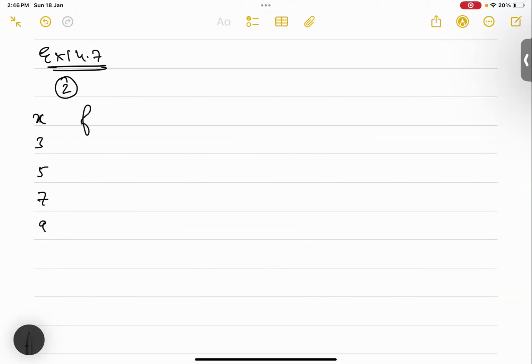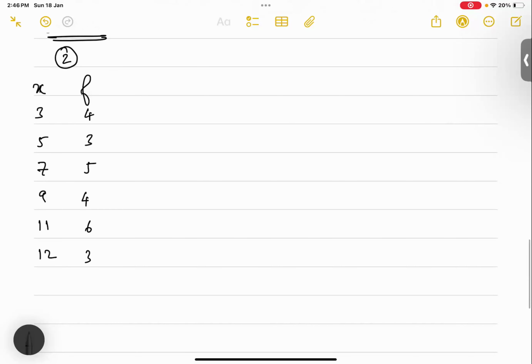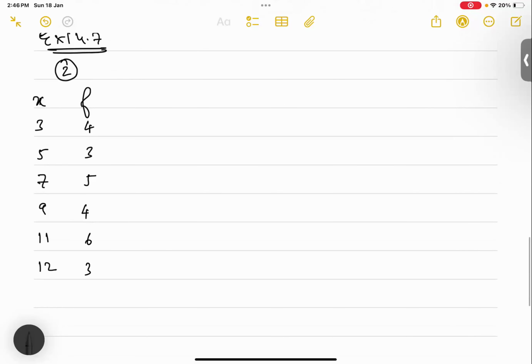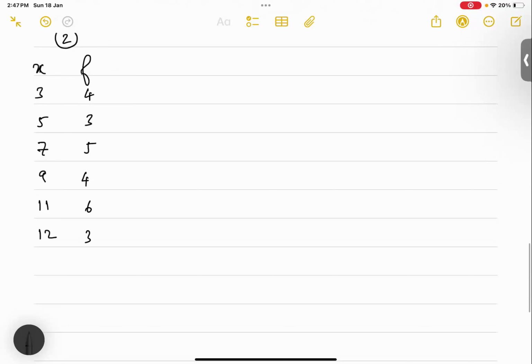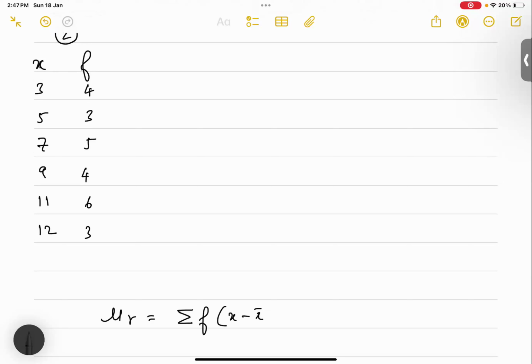You have to take r equal to 1, 2, 3, 4 because you are calculating the first four central moments. Now the first calculation will be the calculation of x bar. So x bar is equal to summation fx upon summation f.